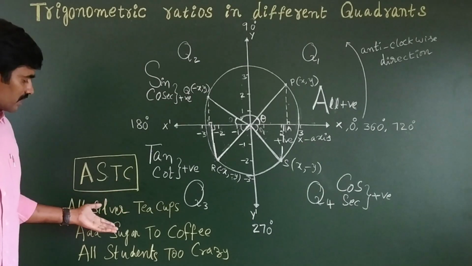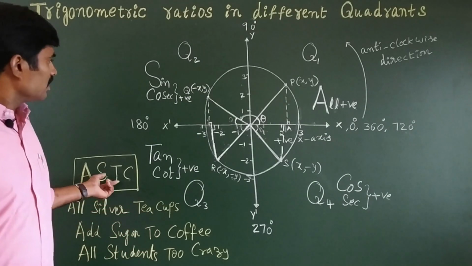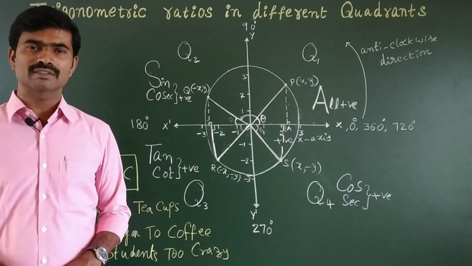You can remember some words as you wish. So we can identify these trigonometric ratios in different quadrants.